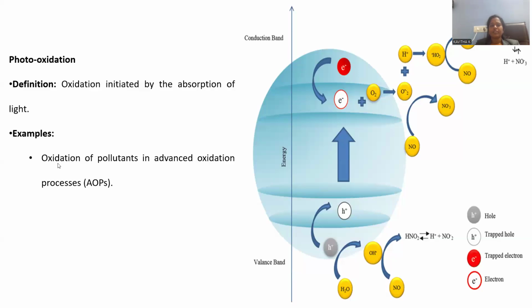right? Oxidation of pollutants in advanced oxidation process, right? Whenever some kind of pollutants are there in the environment, we are supposed to destroy those pollutants. We need to clean up the air. At that instant, the pollutants are directly subjected to air. In that air, we have oxygen molecules.